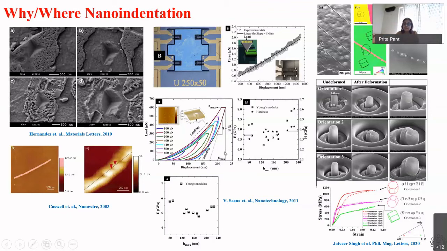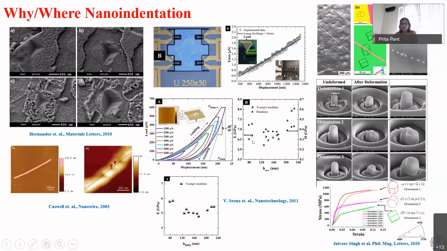But because this is a film sitting on top of something else, these are two materials and you are indenting from the top. Depending on how deep you indent, you could sample both, and you can consider it as equivalent of stiffness. And the right side is hardness that I was talking about, load over area of the imprint, right?